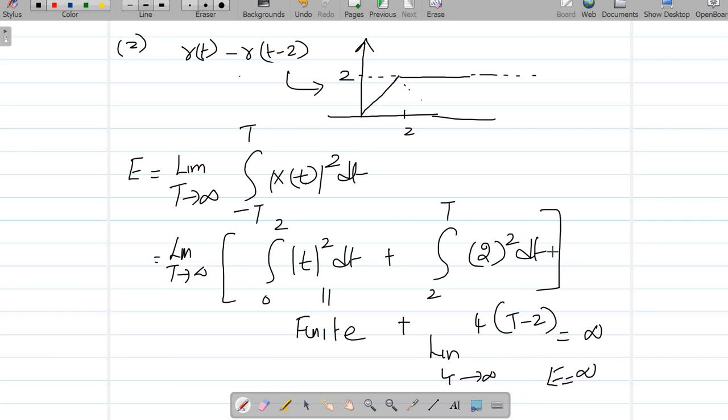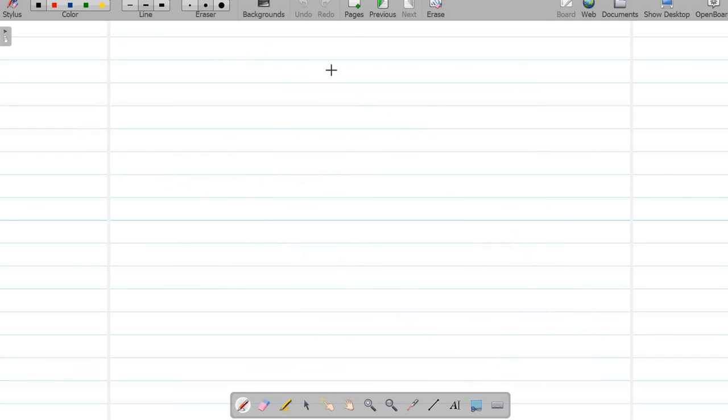See, the definition of a power signal is, if the power is finite and the energy is infinite, then such a signal is known as a power signal. So we will just try to find out whether the given signal is a power signal.